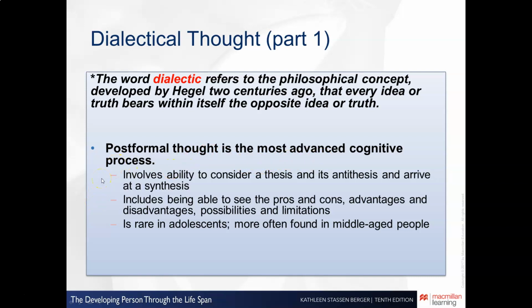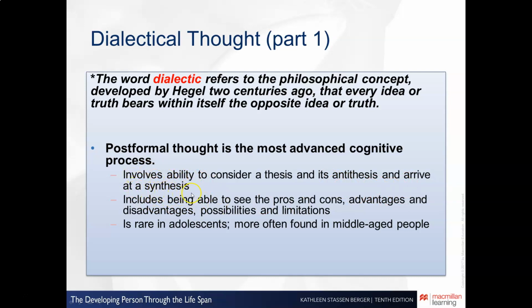So I listed a few here. It involves the ability to consider a thesis and its antithesis and arrive at a synthesis. So being able to weigh both sides of the story and then synthesize those in order to come up with an answer.